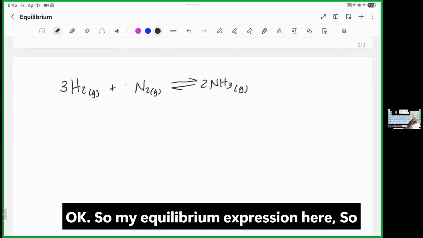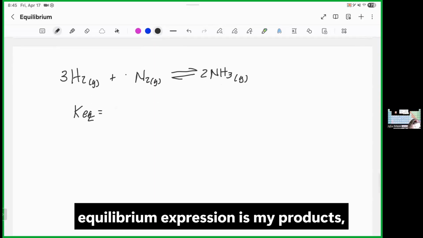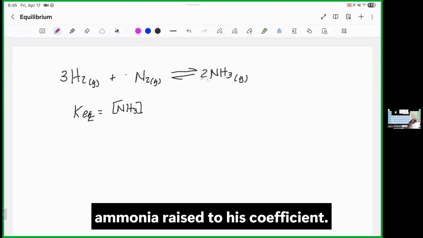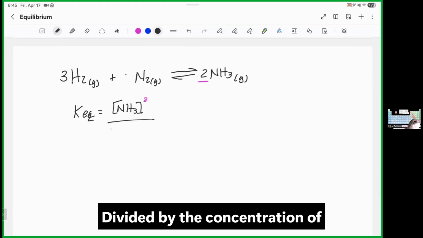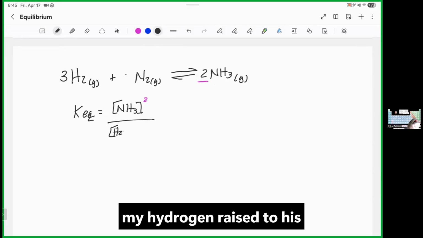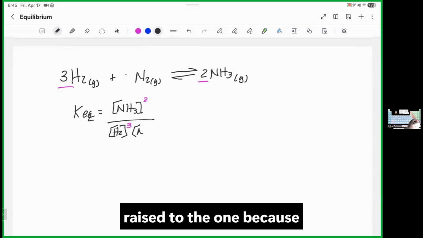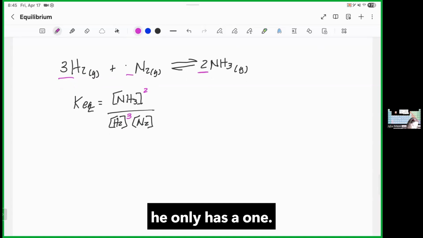So my K_eq, just a generic equilibrium expression, is my products, so the concentration of the ammonia, raised to its coefficient, divided by the concentration of my hydrogen raised to its coefficient, times my nitrogen, just raised to the 1 because it only has a 1.